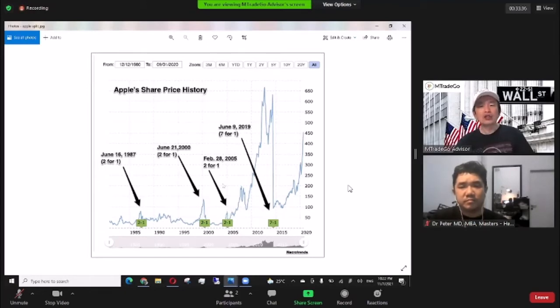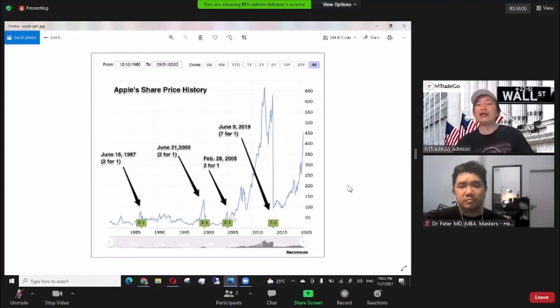In 2005 it split another time, 2 for 1. Your 12,000 shares will become 24,000 shares. After a 2-for-1 split the price normally goes down by half, because 100 becomes 50, and 50 becomes 25. But you have more shares already.